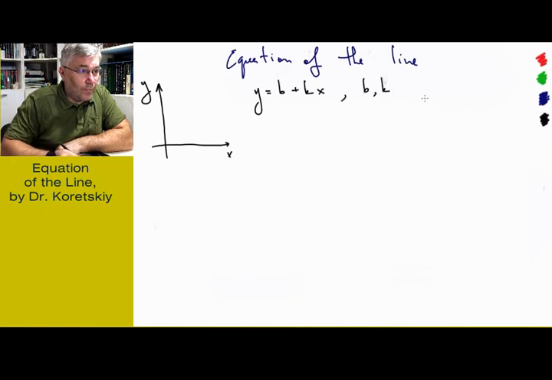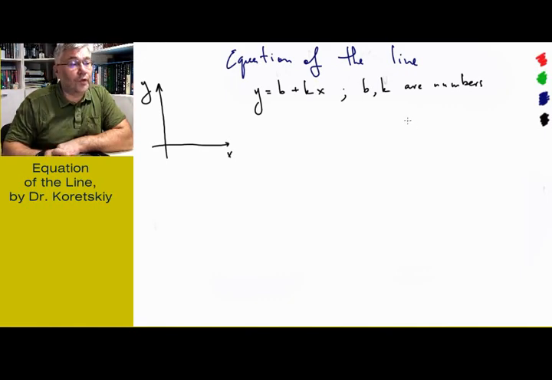Here b and k are numbers. So k here is the factor or the slope of this straight line, and b is like an intercept, the intercept of the y. Remember we say it. So this is the equation of the straight line.